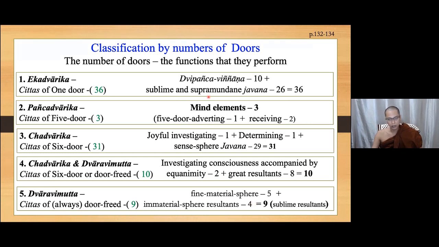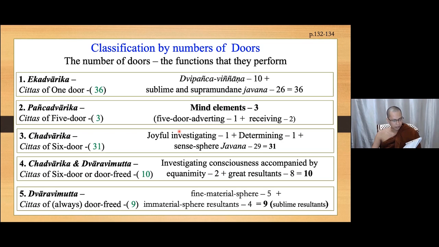In this way, we can also classify. We can make another classification. But anyway, if you understand this group, then you can consider how to apply it in different classifications. This is the way we need to try to be expert in the Abhidhamma study.